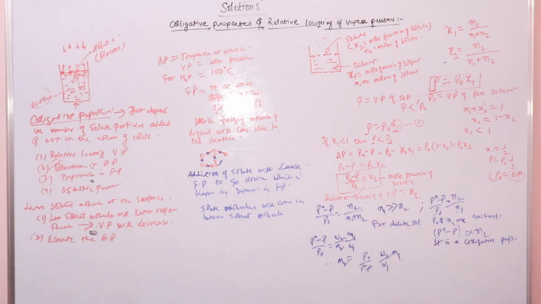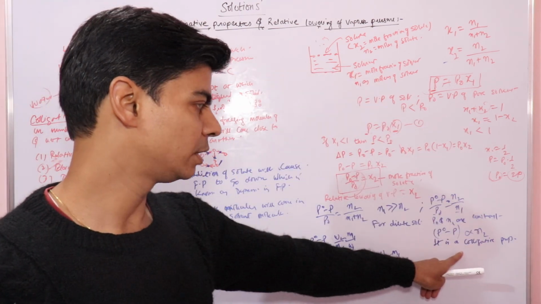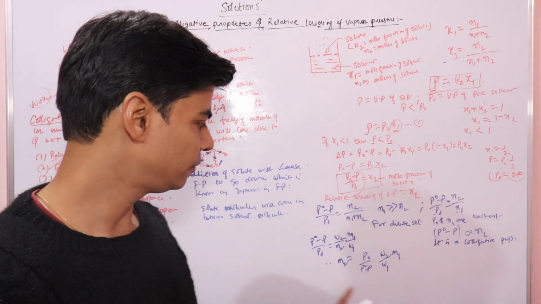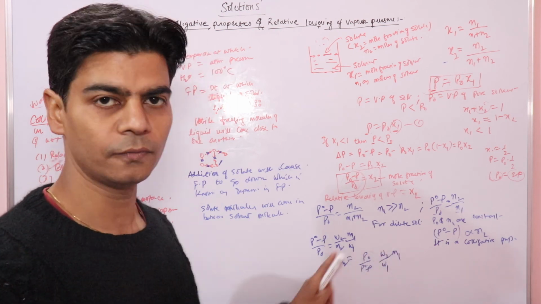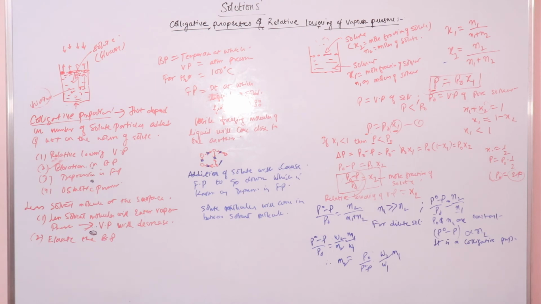So we proved that relative lowering of vapor pressure is a colligative property, and from this relation we can deduce the molecular weight of the solute that is added, right? I hope all this is clear to you.